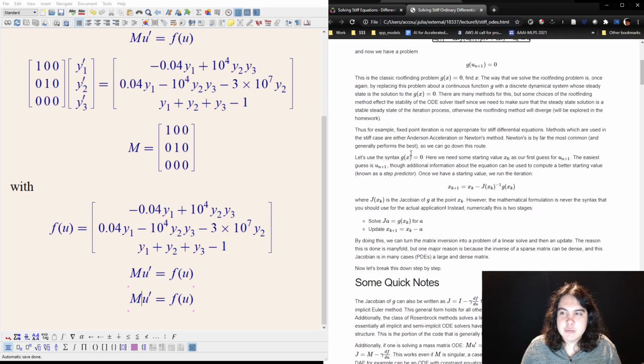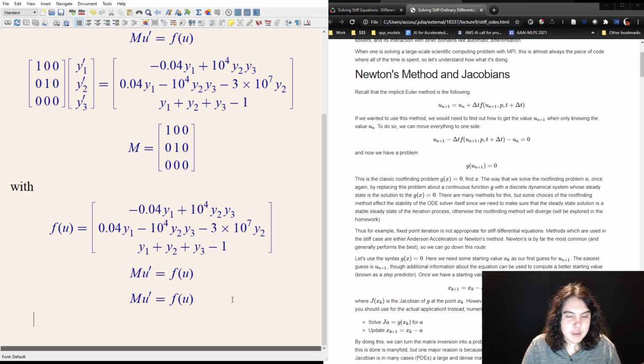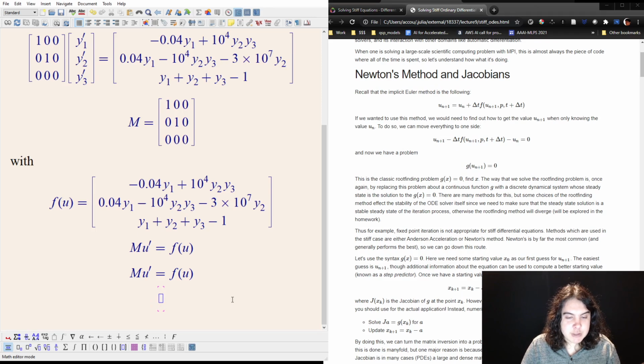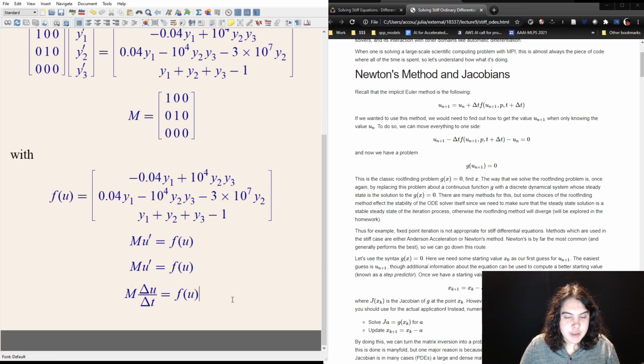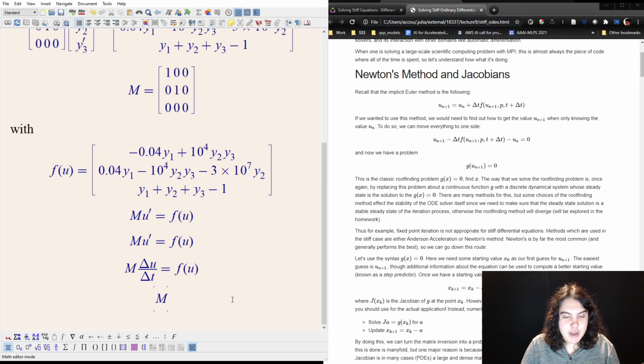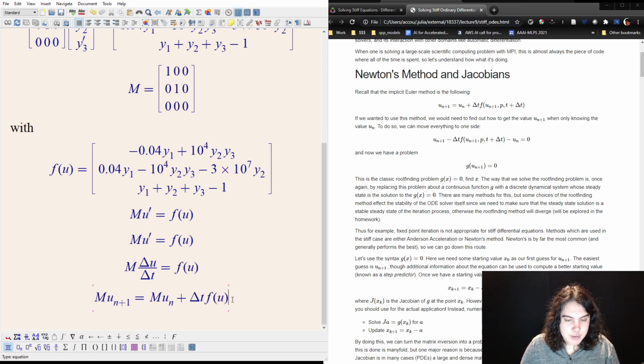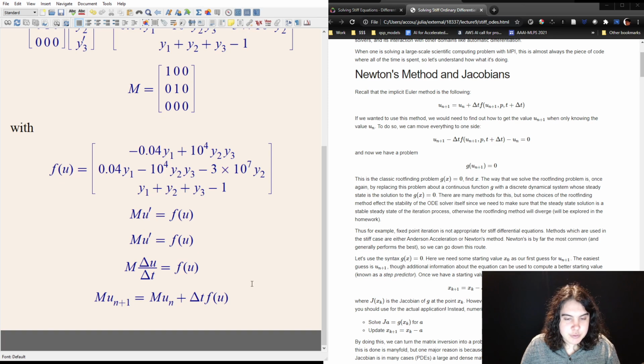Well, let's put it into the Euler method. The Euler method, remember, is where we say M delta u over delta t equals f(u), and then we move everything around and we get M u_{n+1} equals M u_n plus delta t f(u).